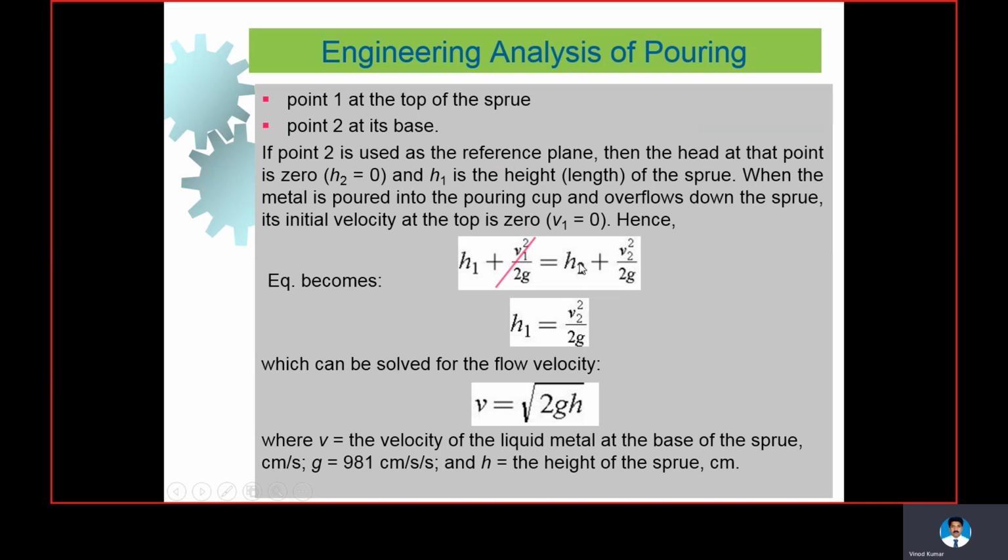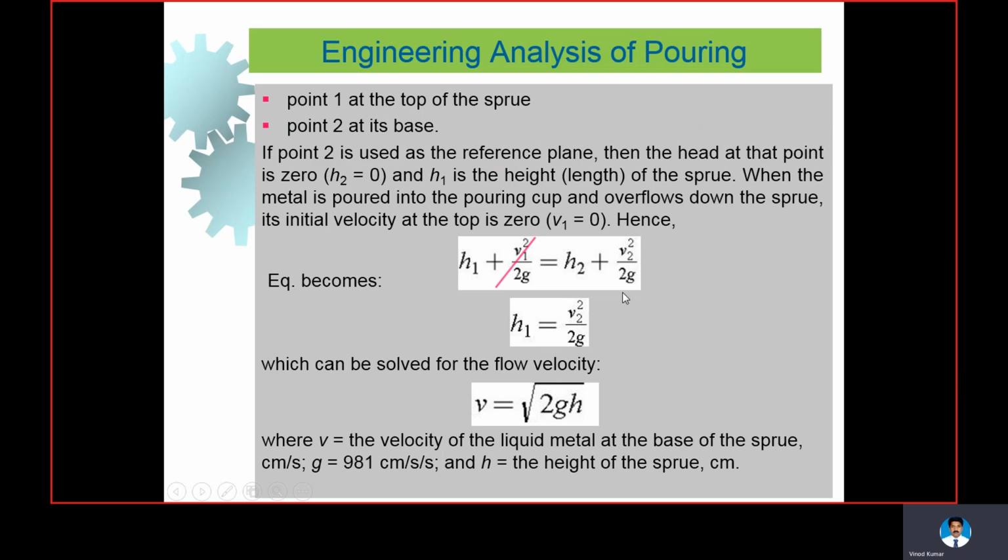What happened to H2? H2 is considered as the bottom level. If point 2 is considered as the reference plane, the base plane, then H2, the height from the reference, is 0. Level 2 itself is taken as the baseline or reference line. Hence H2 becomes 0.